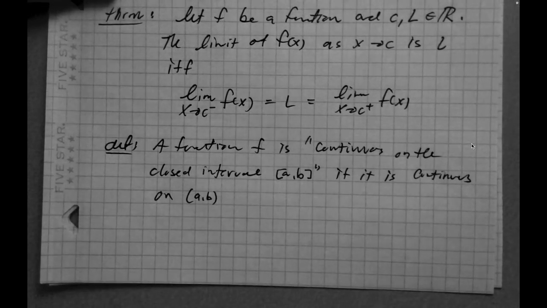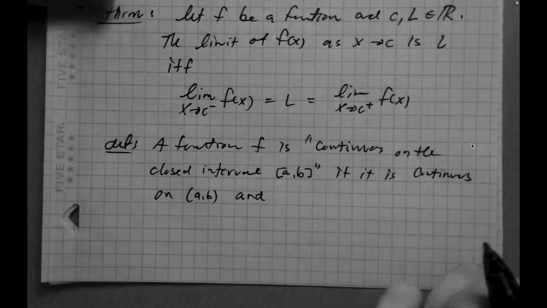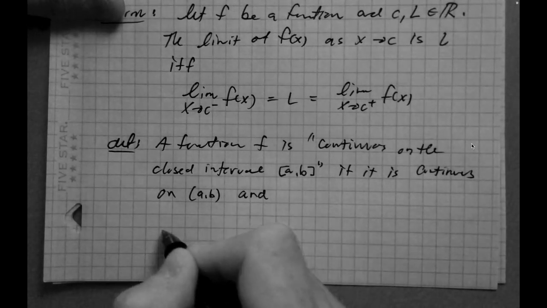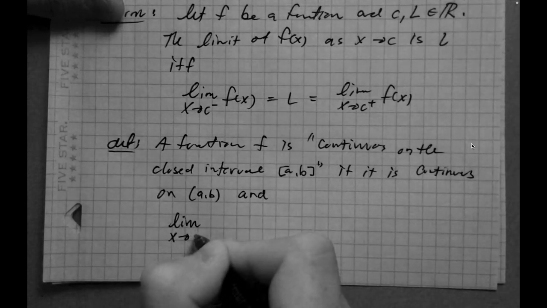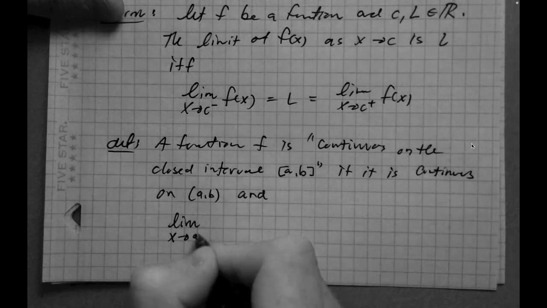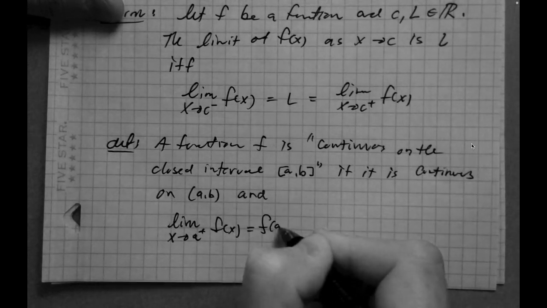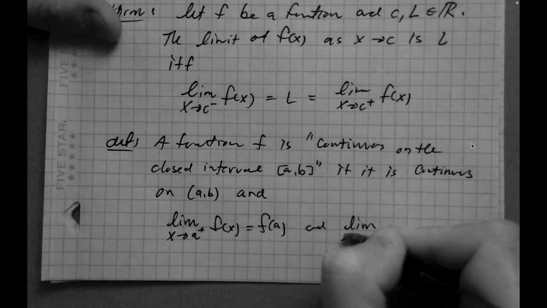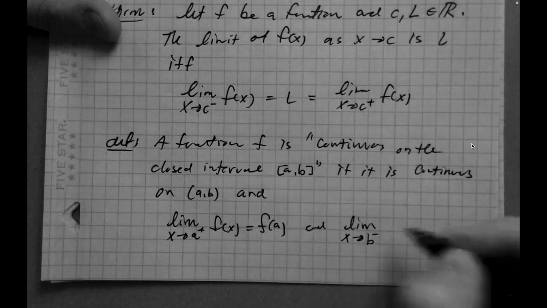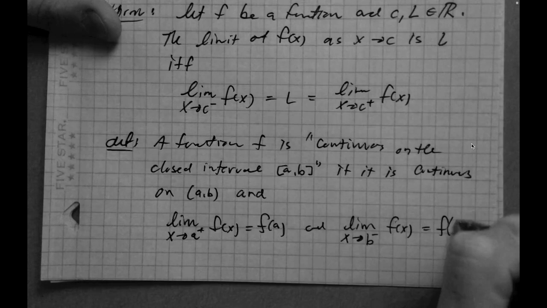So you need that. And what you need is the left and right hand limits need to exist and meet the following criteria. The limit as x approaches a from the right hand side of the function needs to be equal to f of a, and the limit as x approaches b from the left hand side needs to be equal to f of b.